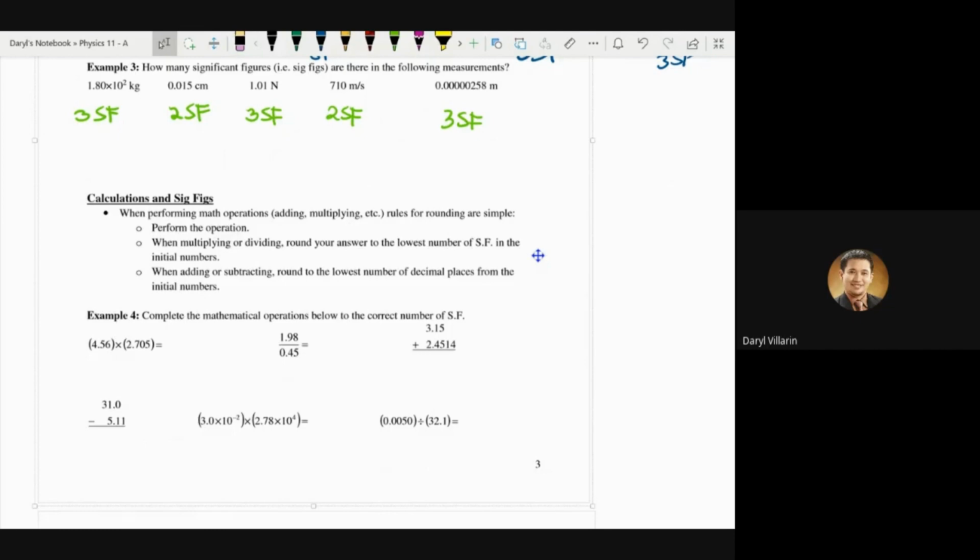Like if you're gonna multiply, or let's start with multiplying and dividing. So that means that if you're multiplying and dividing, again, these are quantities, you need to round off your answer to the lowest number of significant figures in the initial numbers. These initial numbers are also given. Usually if it is a word problem, this is the given.